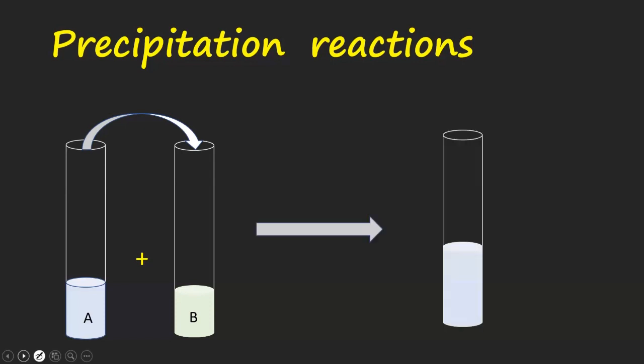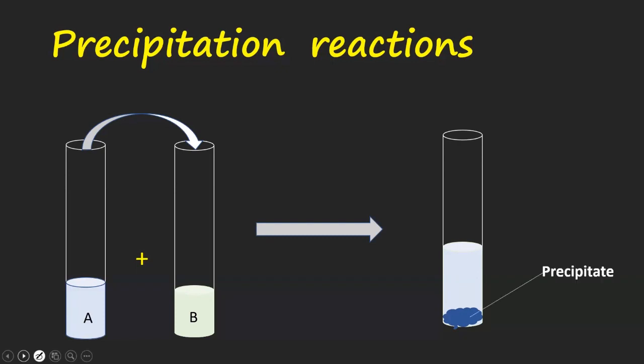But at the same time, we will see that something which is not soluble, something undissolved, is formed, and that was not there already. That solid is coming out of the solution. When they were not mixed, both salts were in dissolved form, but when we mix them, one of the salts becomes undissolved.